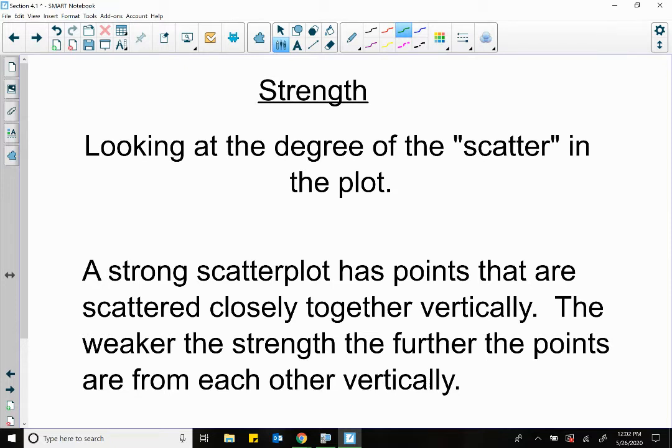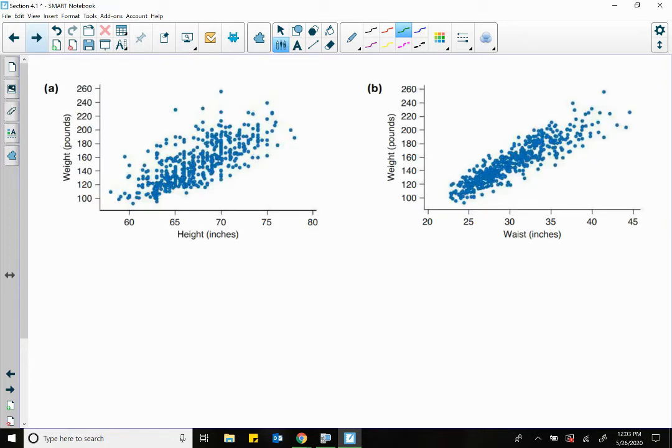Okay? So points more compact that look like they form a line is really strong. When the points are separate from each other and you can kind of see a line there, that's a weak strength. Let me show you what I mean. One of these is strong, one of these is weak.